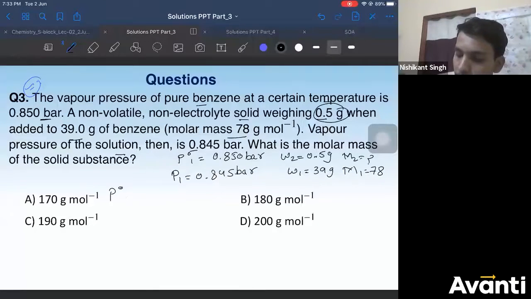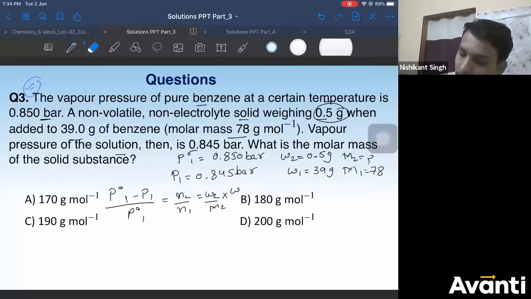Apply the formula. P01 minus P1 by P01 is equal to N2 by N1. And we know N2 by N1 is W2 by M2 into M1 by W1. Substitute the values.